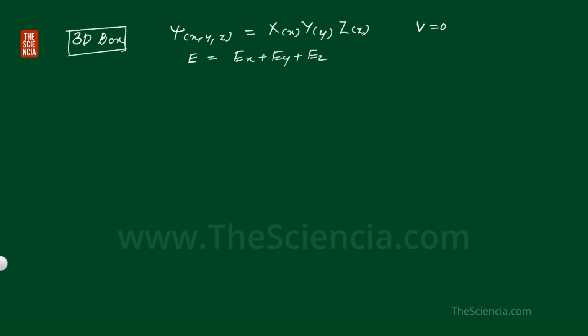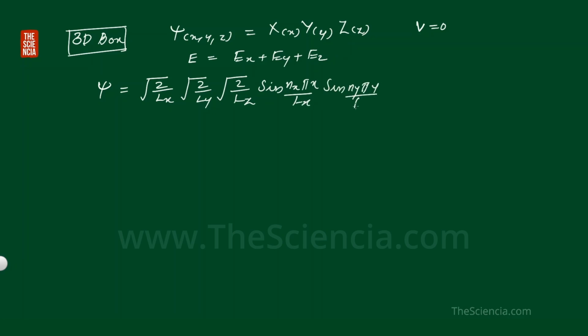Substitute all these parameters in the Schrodinger equation and apply the boundary conditions. Finally, you will get the wave function psi, similar to the 2D box, equal to root of 2 by Lx, root of 2 by Ly, root of 2 by Lz, sin nx pi x by Lx, into sin ny pi y by Ly, into sin nz pi z by Lz.